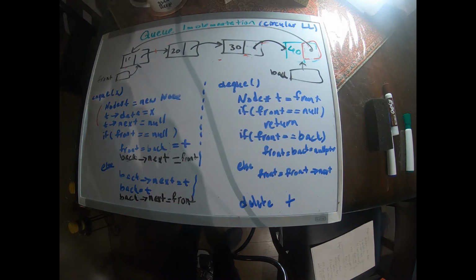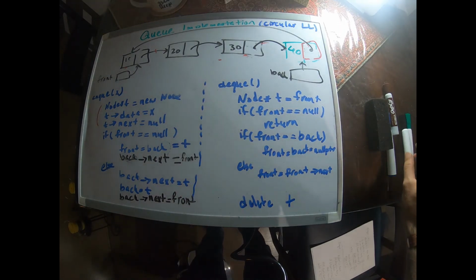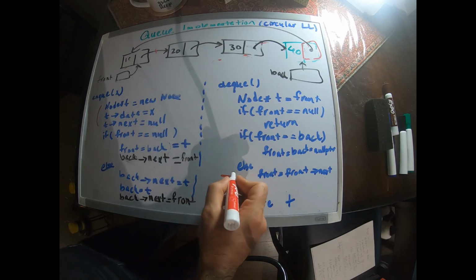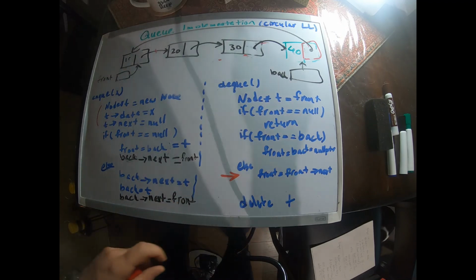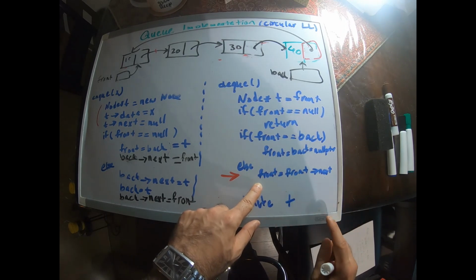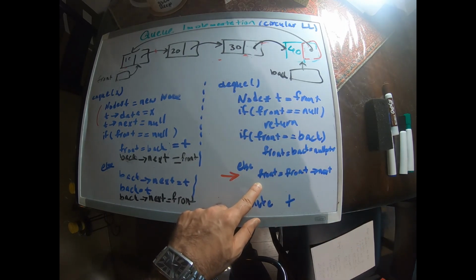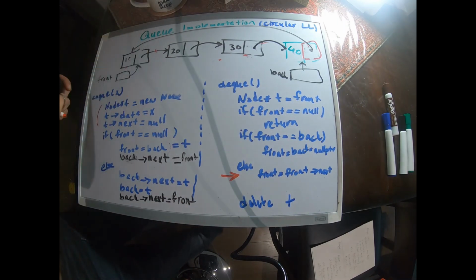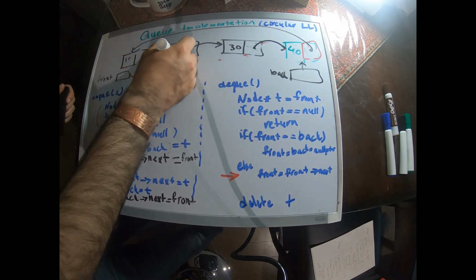Okay. Now for the dequeue part, what I need to do is basically only look at this part. If I'm changing the front, front is becoming front arrow next. So let's say we are removing this one, front becomes front arrow next.